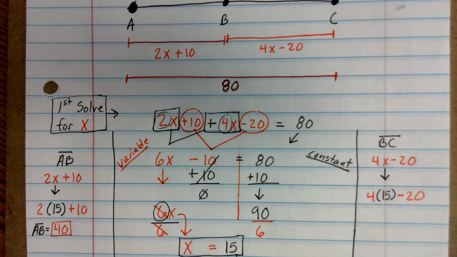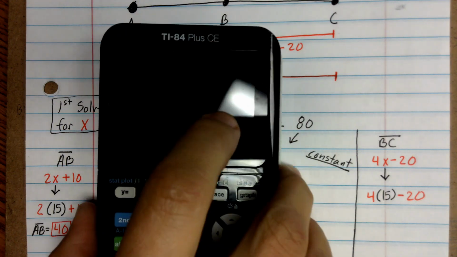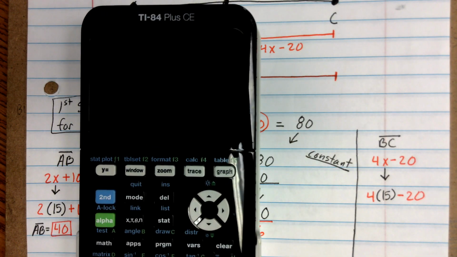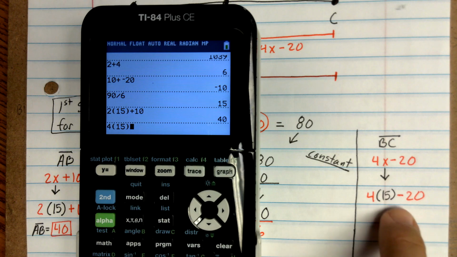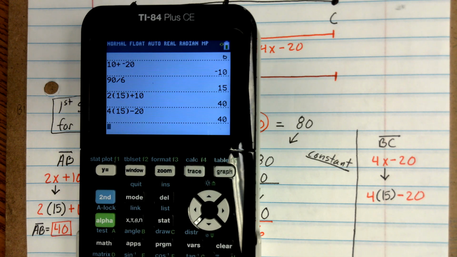And now that we've got this, we're going to put it in a calculator and see what we get. So 4 times 15, and the parentheses is multiplication, so you can put it in just like I wrote it, minus 20, and it gives me 40.